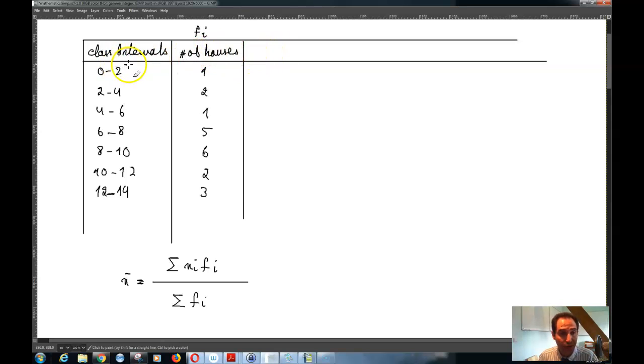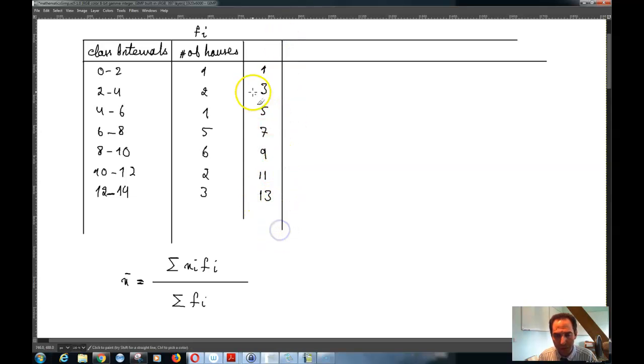My x of i is going to be the middle point of each class, meaning that, for example, 0 plus 2 divided by 2 is equal to 1, 2 plus 4 divided by 2 is 3, then 5, then 7, then 9, then 11, and then 13.